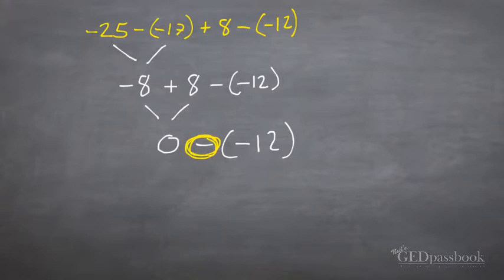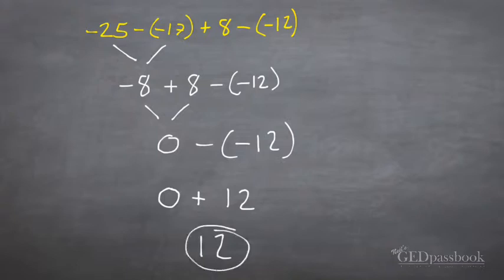Subtraction, which means you keep change. You keep this first number, you change its operation, and you change the second sign of the number. And now just have fun. What's 0 plus 12? 12 is the final answer.